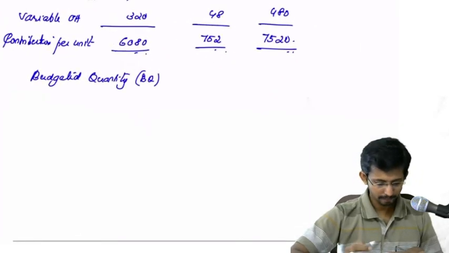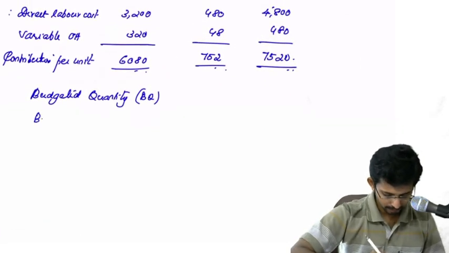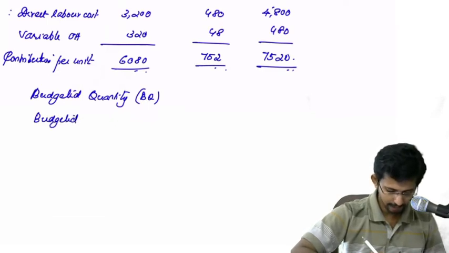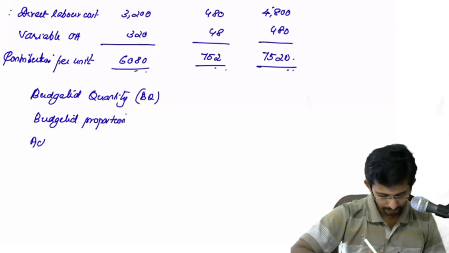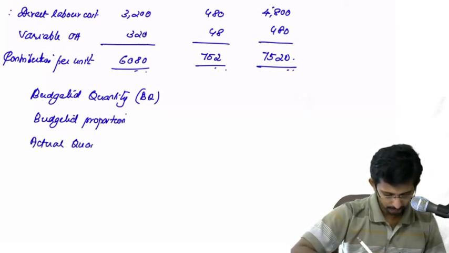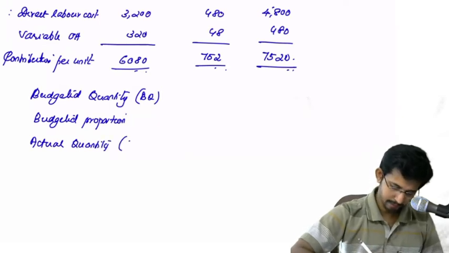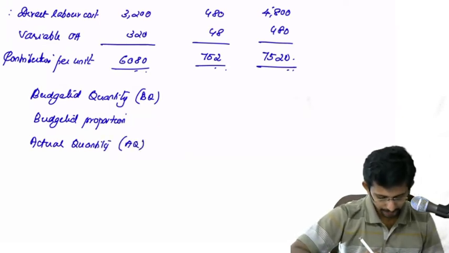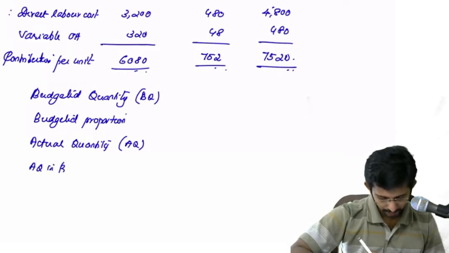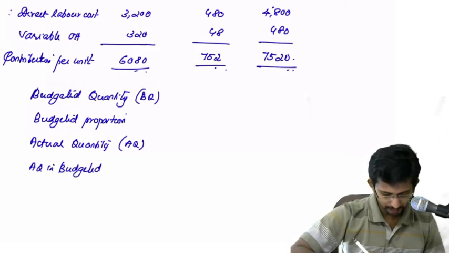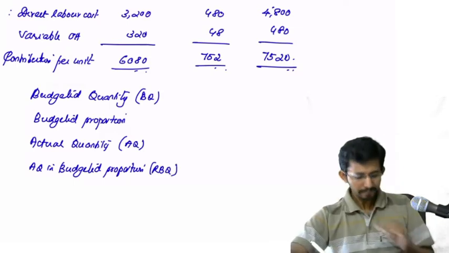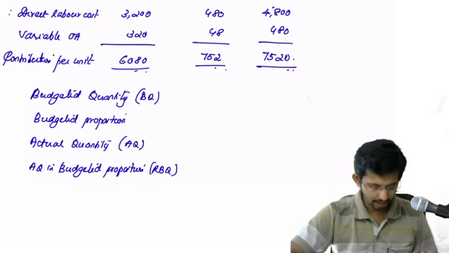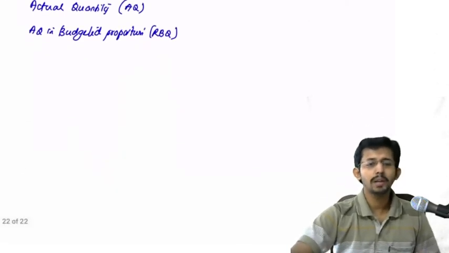Then you get budgeted proportion, then actual quantity, that is AQ, then AQ in budgeted proportion, RBQ, revised budget quantity, or AQ in budgeted proportion. Okay, that is what we are going to see here.